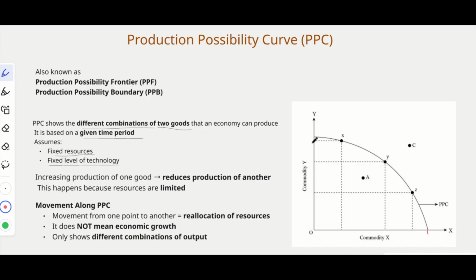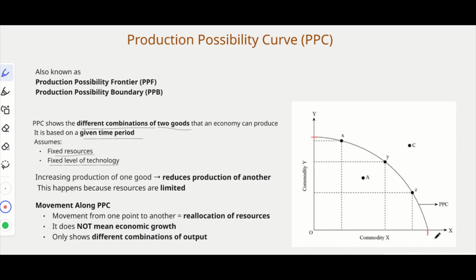Also, this is the point where we produce zero quantity of commodity X and the maximum quantity of commodity Y. So this is how we set the limits for the curve. These are the limits based on the resources or technology, and this is how we draw the curve.